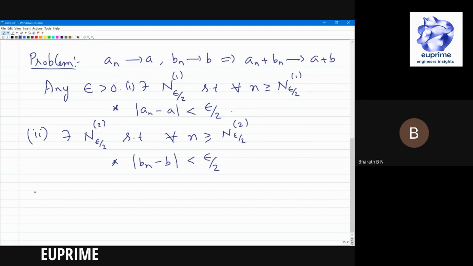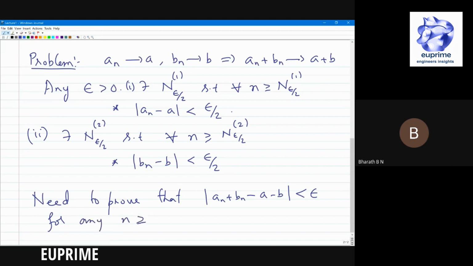So we need to prove that |a_n plus b_n minus (a plus b)|, where a plus b is your c, is less than epsilon for any n greater than or equal to some n_epsilon. This should be true for any epsilon greater than 0, right?